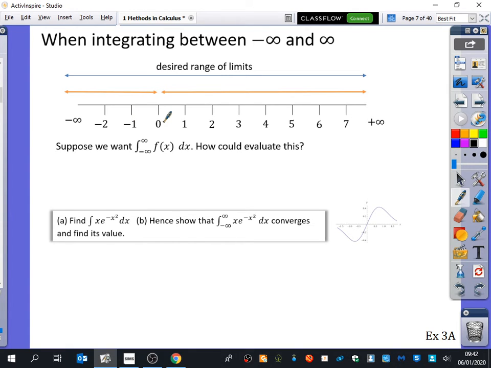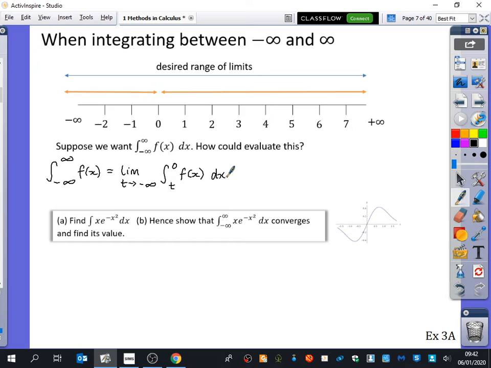So if we wanted to do it between negative infinity and infinity, we would evaluate this by saying that the integral from negative infinity to infinity of f of x dx would be the limit as t goes to negative infinity of the integral between t and 0 of f of x dx. Whoops, forgot my dx.